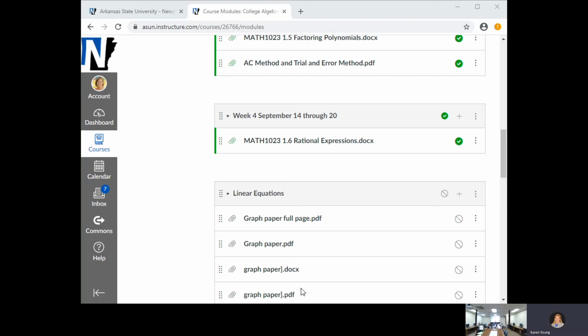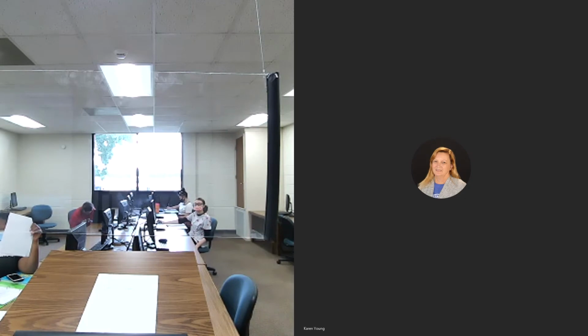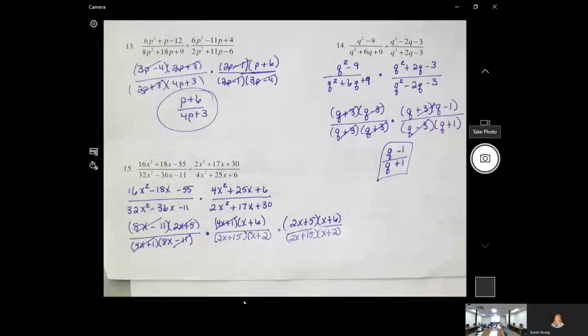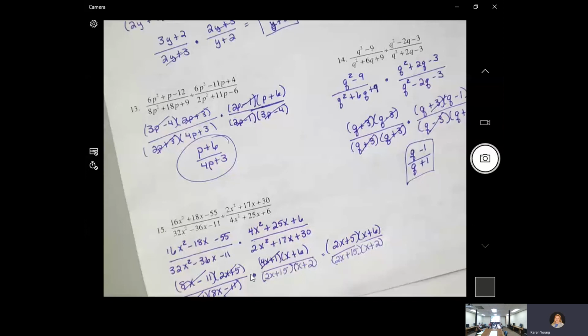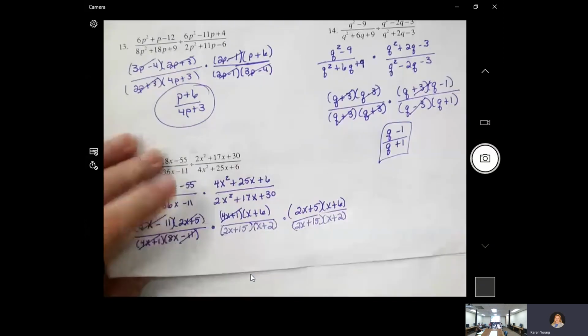But we just can't see your paper. I guess it's still on your modules. There you go. You can see what I've got for my document cam though, right? We can see it now. Okay. I wasn't sharing the right screen evidently. All right, I'll give this to y'all in a little bit. I want to go ahead and get here.